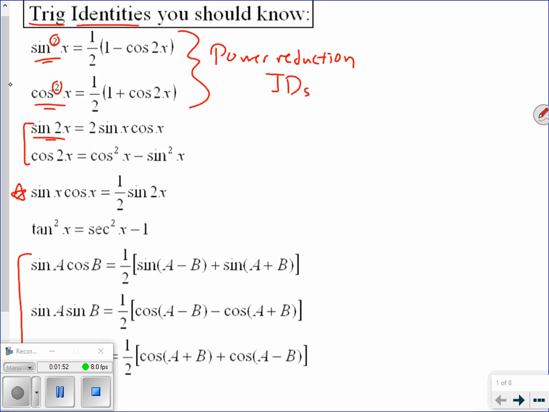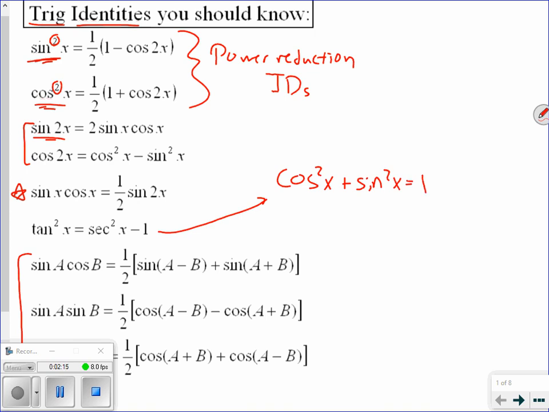So if I had to really star the ones we use, it's these first 2, and then this one right here, tan squared equals secant squared minus 1. That's just an application of the Pythagorean identity, which is cosine squared x plus sine squared x equals 1.